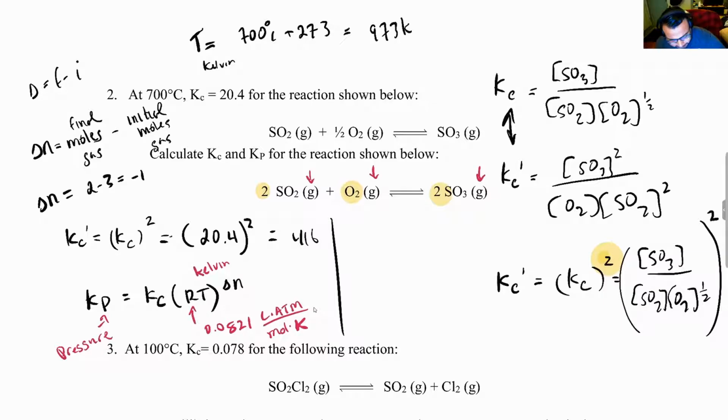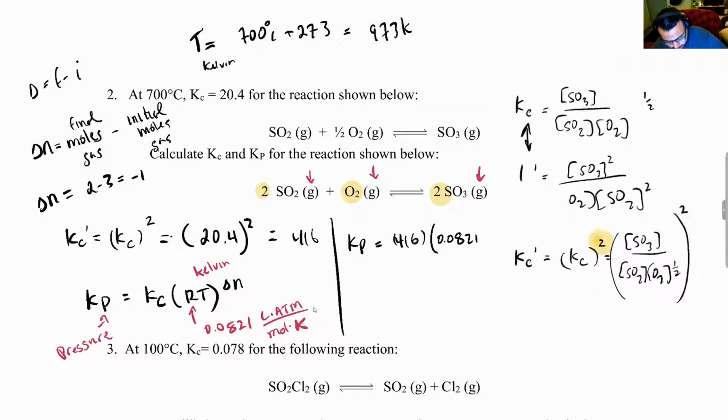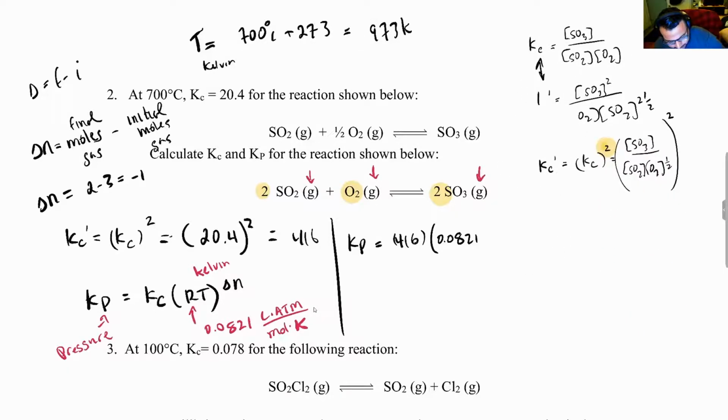Let's finish it off. Our Kp is going to be equal to our Kc that we solved for in the previous problem, so 416, multiplied by RT, which is 0.0821.